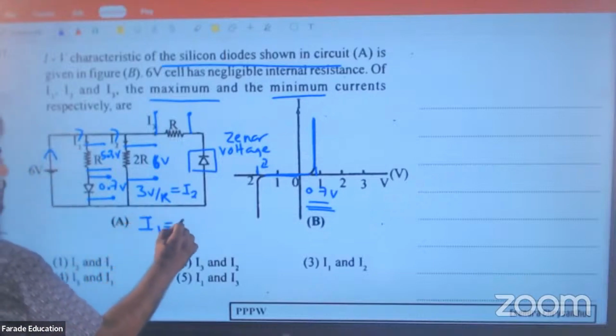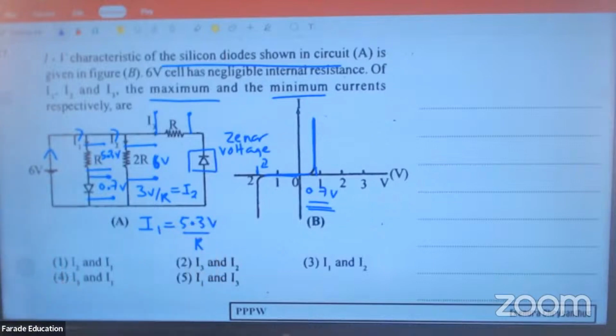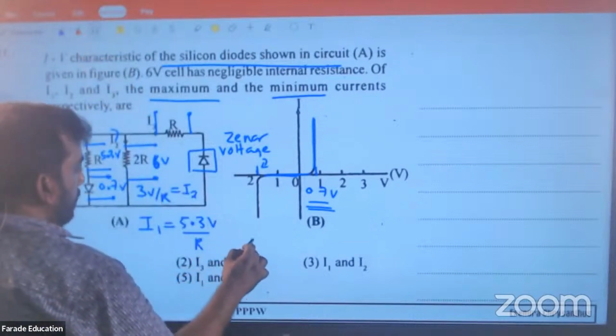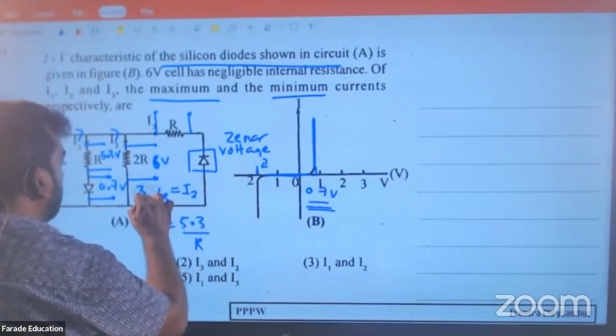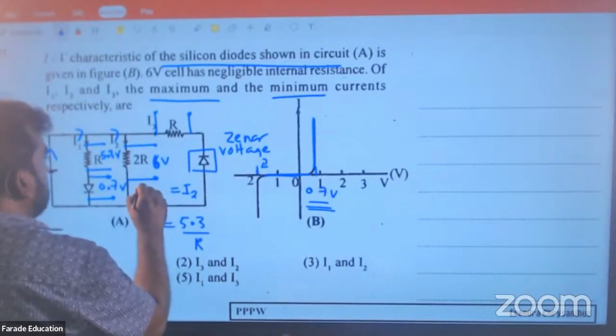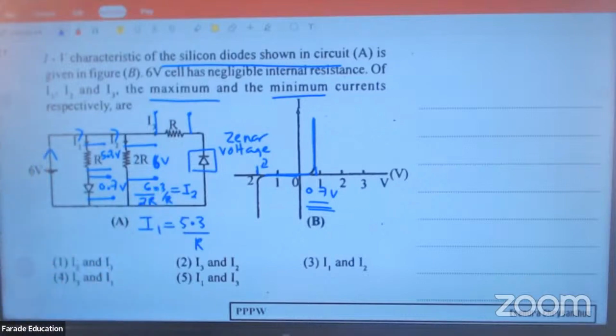So what is I1? 5.3 V divided by R. You just forget about the volt. So here I2 is 6 divided by 2R, which is 3 divided by R.